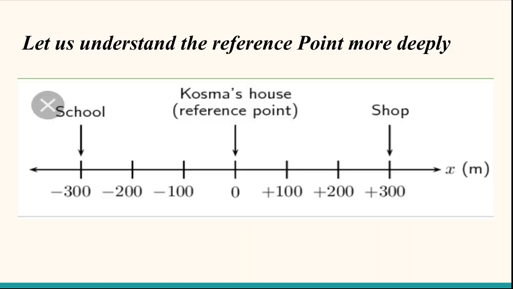So let's go to our next topic. Here we can understand the reference point more deeply. You can see there is a number line, you can also say a graph. You can see Cosma's house at 0. So Cosma's house is the reference point. 300 meters to the right of Cosma's house there is a shop, and 300 meters to the left of Cosma's house there is a school.